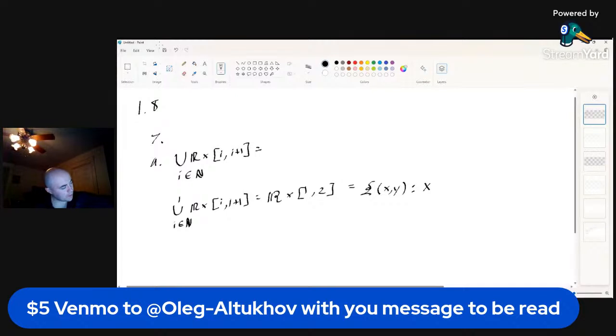X such that negative infinity is less than or equal to positive infinity.